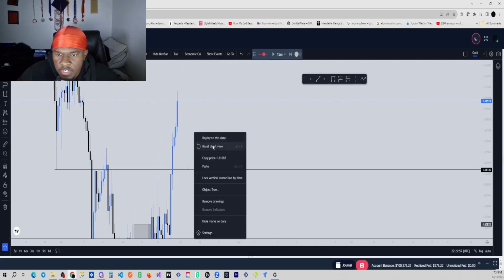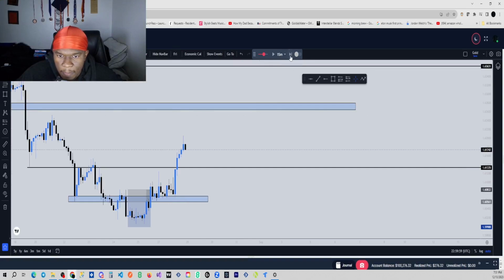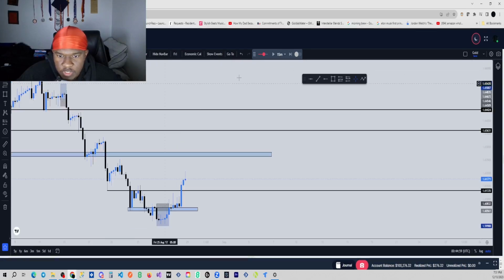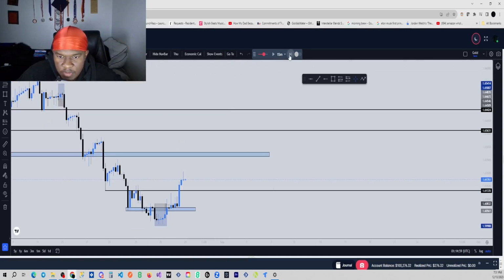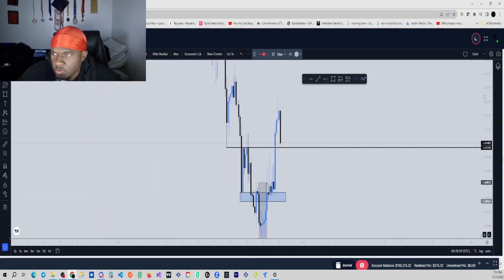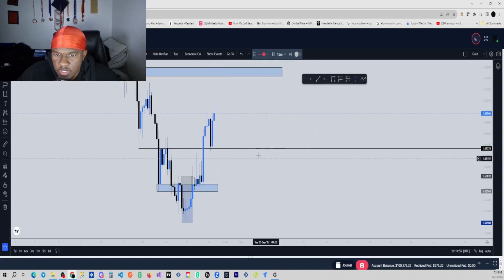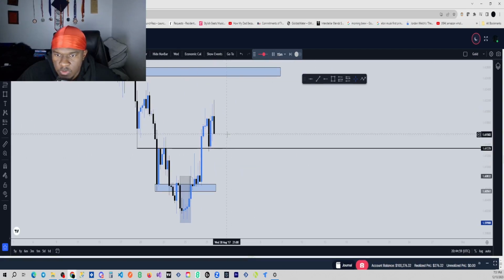Nice buys, but I did not get a setup, so I didn't take a trade. So still being patient on this, waiting for price to come back down, see if it wants to.